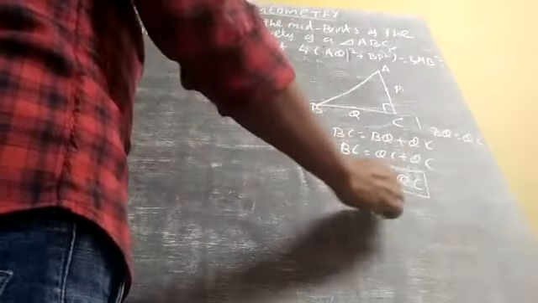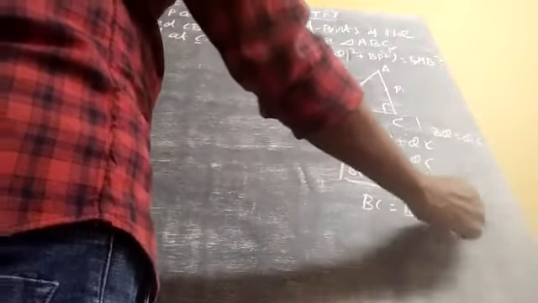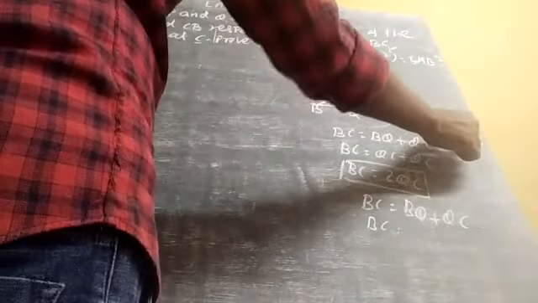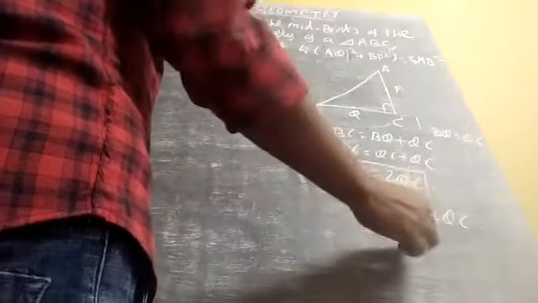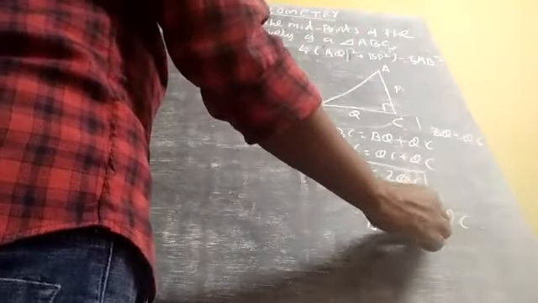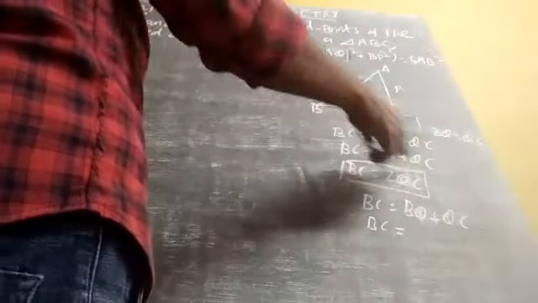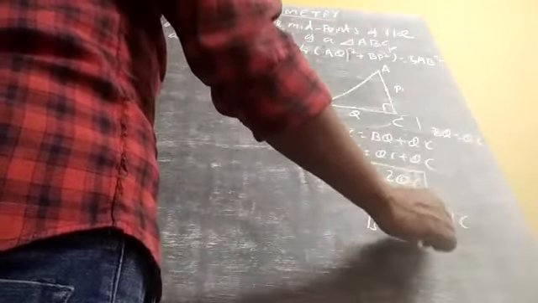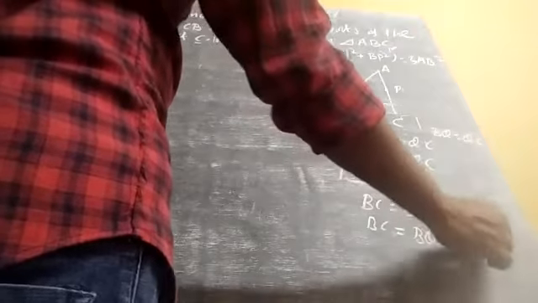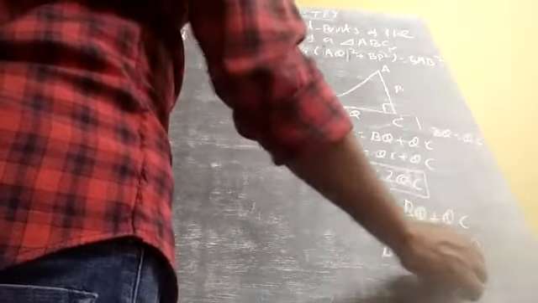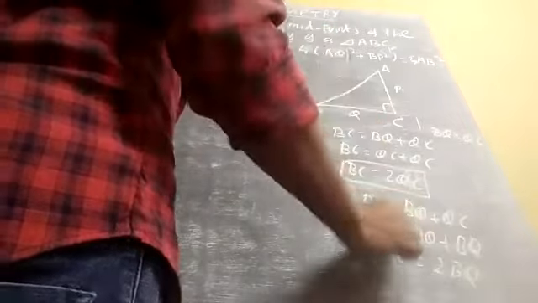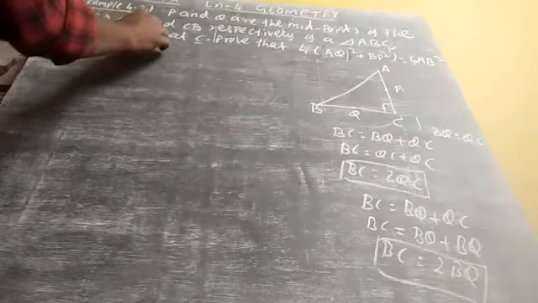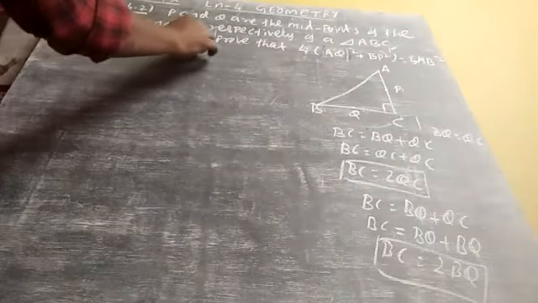Another, BC equal to BQ plus QC. Before I applied BQ equal to QC, now I am applying QC equal to BQ, same. So BQ plus BQ, BC equal to 2BQ. This condition I am keeping here: BC equal to 2QC and BC equal to 2BQ.